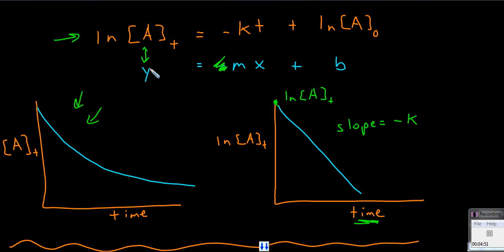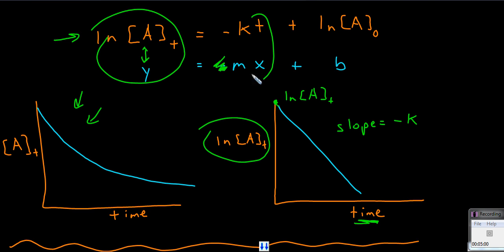So basically y-axis, x-axis, and then m, our slope in the linear form, is equal to negative k.